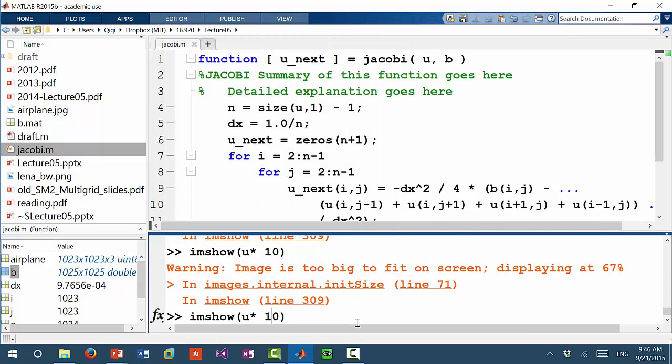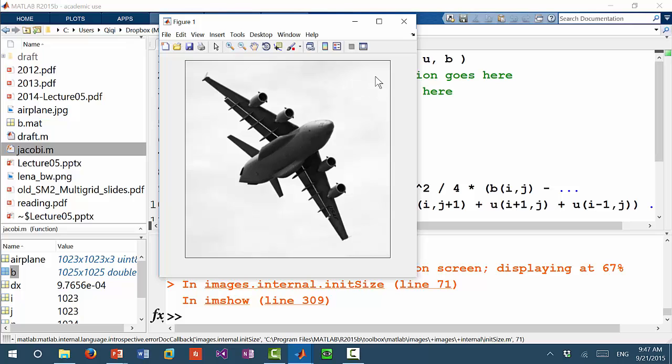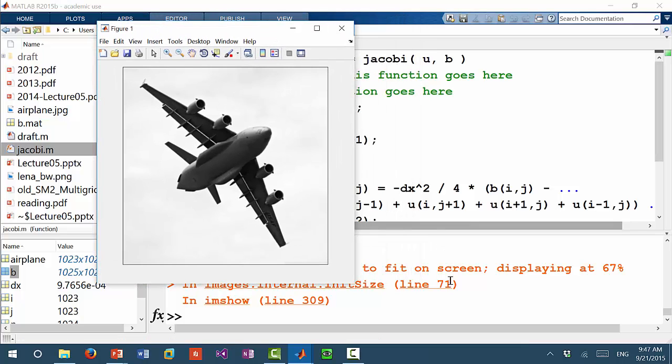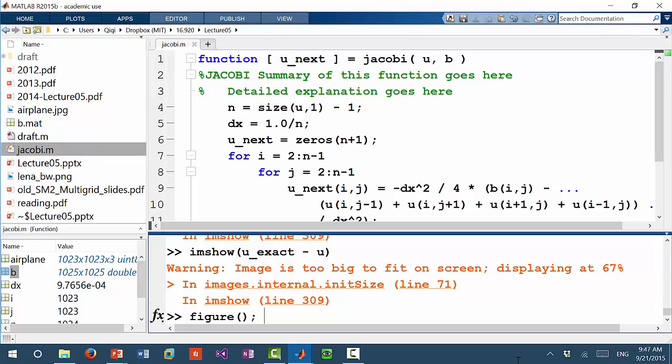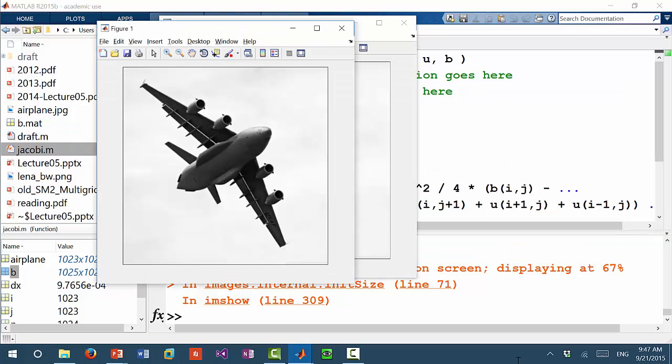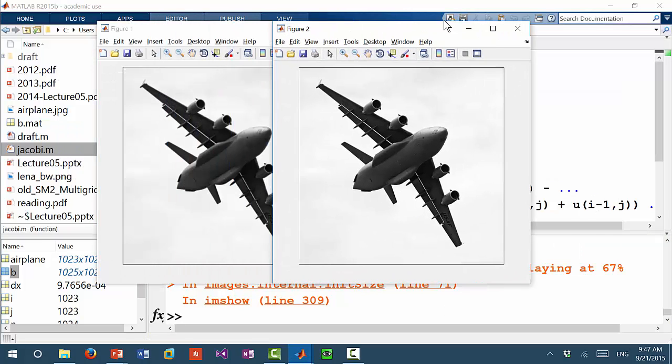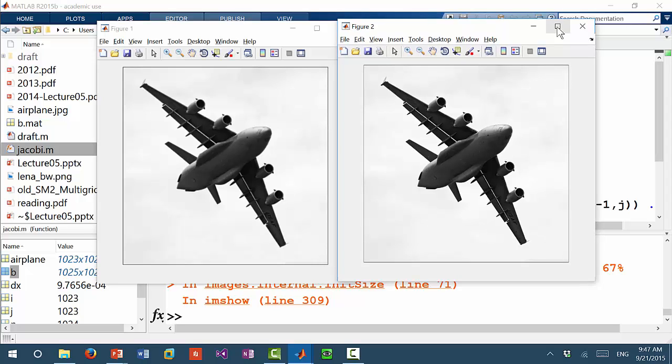If we look at the solution error, it would be u minus u exact or u exact minus u. Let's look at u exact minus u. You don't really see much of a difference. Let me make another figure so that we can compare. I can see a little bit on my screen, but the solution error after a while is like a smooth version of the solution here.